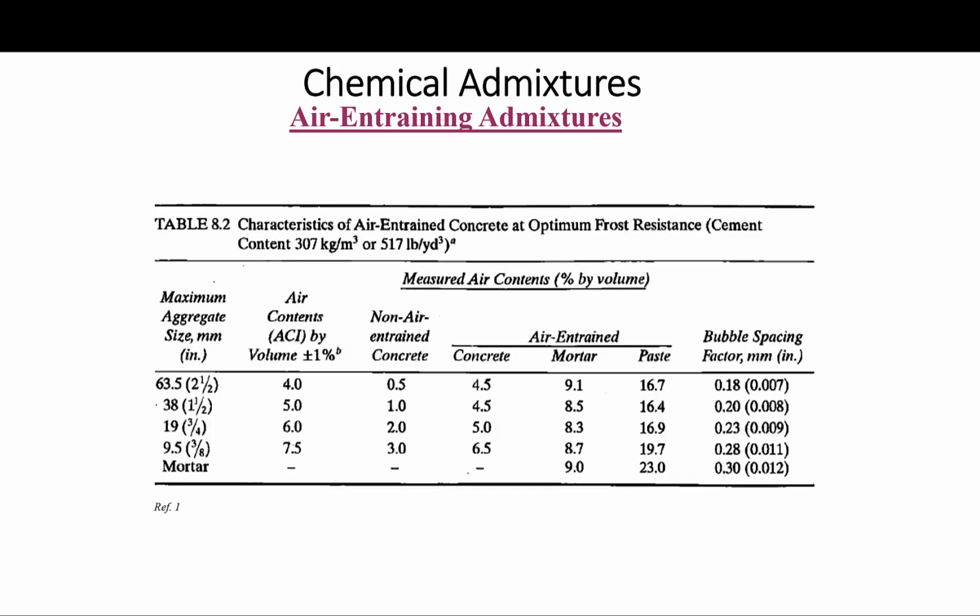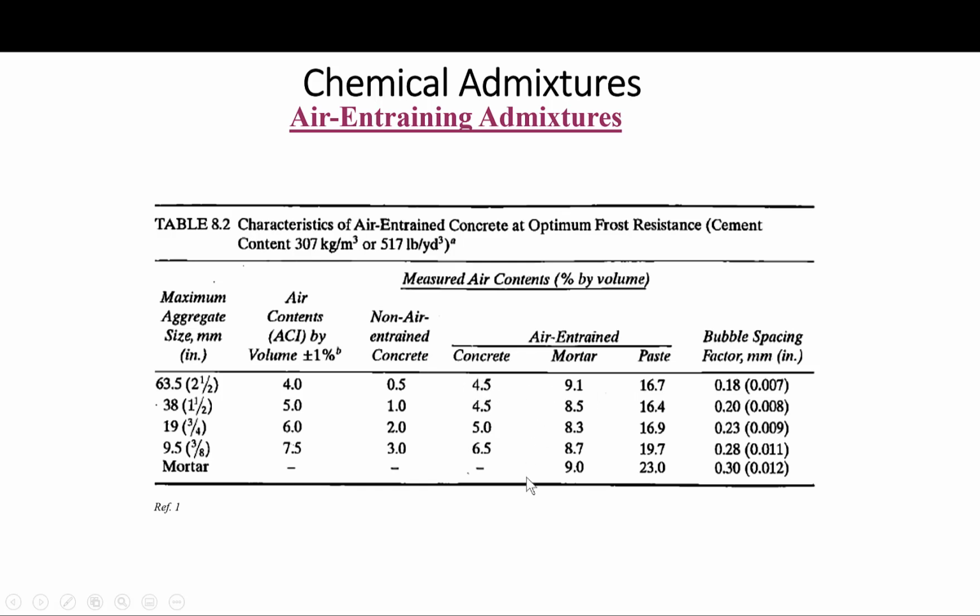If we look at this table, as I mentioned, these are the characteristics of air-entrained concrete, optimum frost resistance. This is for a mix with a cement content of 307 kilograms per cubic meter. It shows here the optimum air content and how it's measured, as a percentage of the volume of the concrete, the mortar, and the paste.